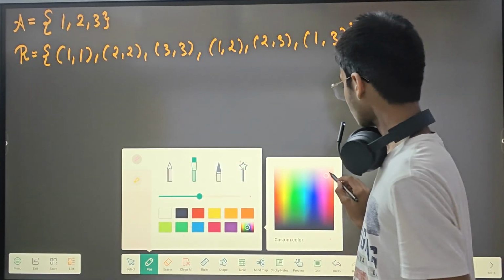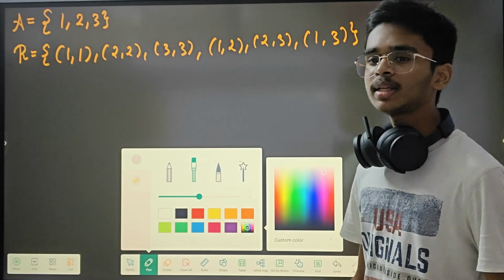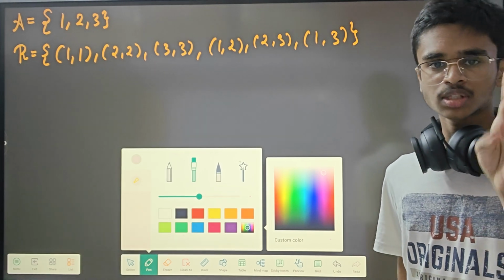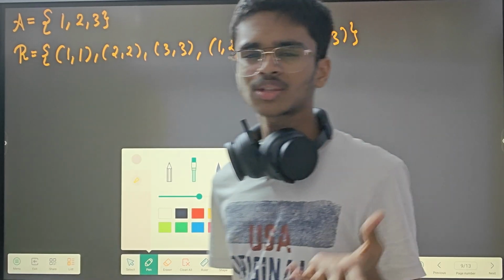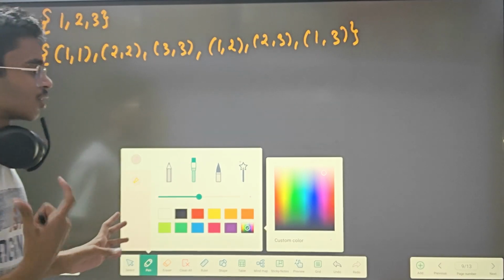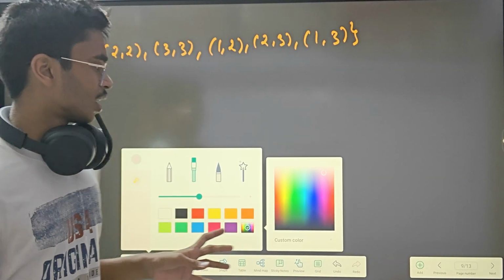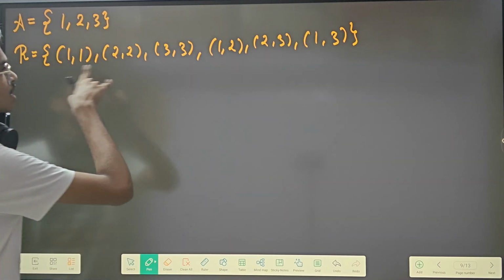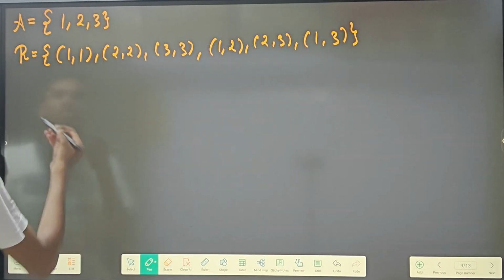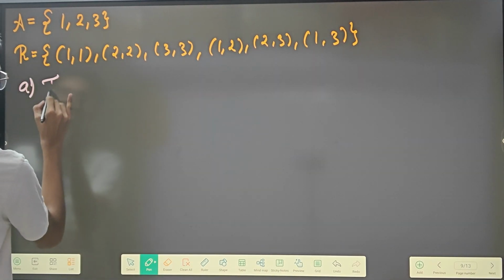Till now we have discussed 4 different relations, right? There are still some other types such as universal relation and null relation, but those are not required, and we will not get any questions. So first we will check whether it is an identity relation or not.